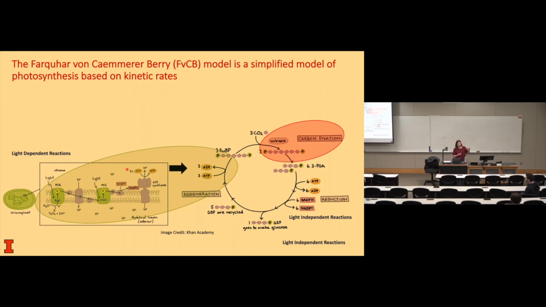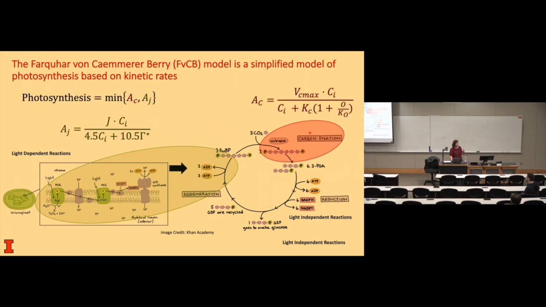This Farquhar model is a simplified model, so it's not including every single reaction like we did in the lignin model, and really simplifies it into 2 main reactions shown here. One represents the light-dependent reactions, sometimes called the electron transport rate, and the other equation is related to Rubisco, which is an enzyme, carboxylation of the CO2, or the carbon fixation.